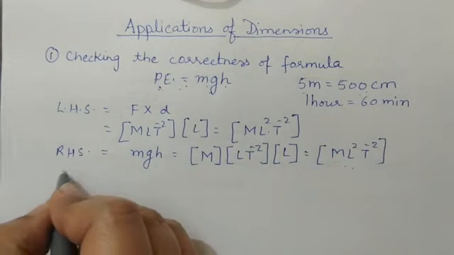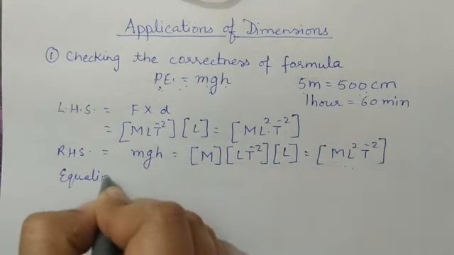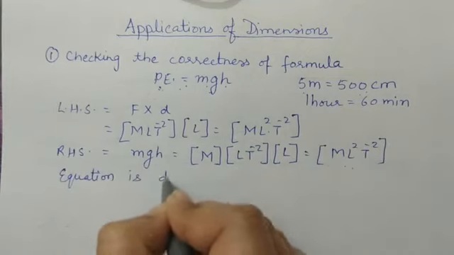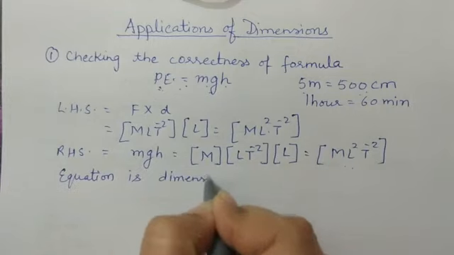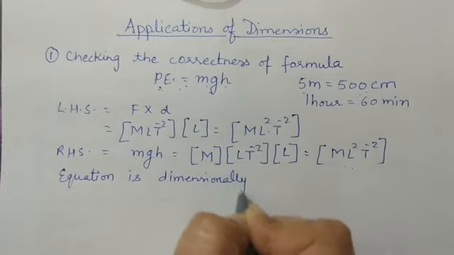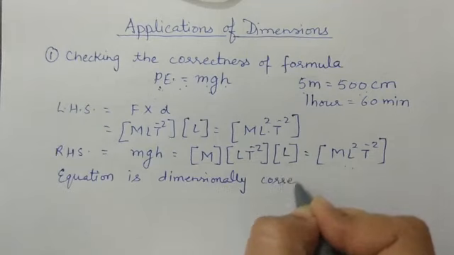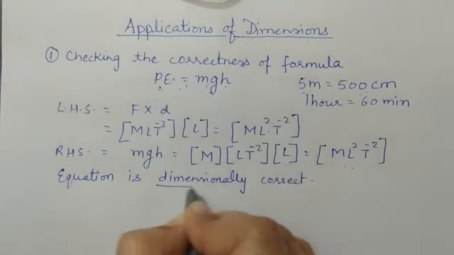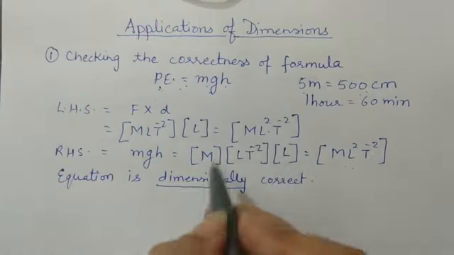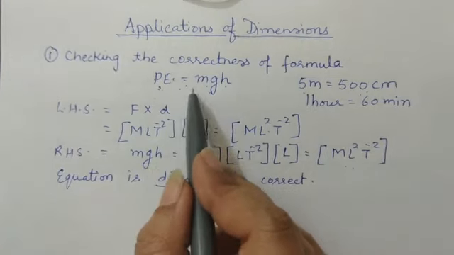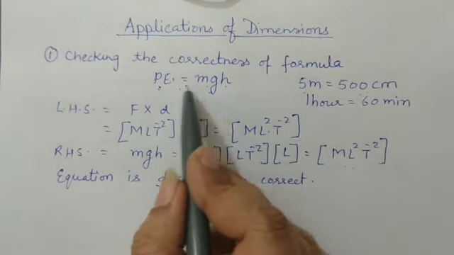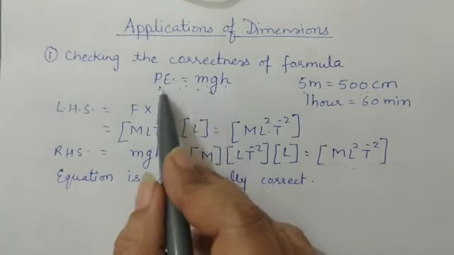So we'll write here the equation is dimensionally correct. Now, why is the word dimensionally important over here? Because this equation we have checked only dimensionally. That means dimensions are the same on both sides.